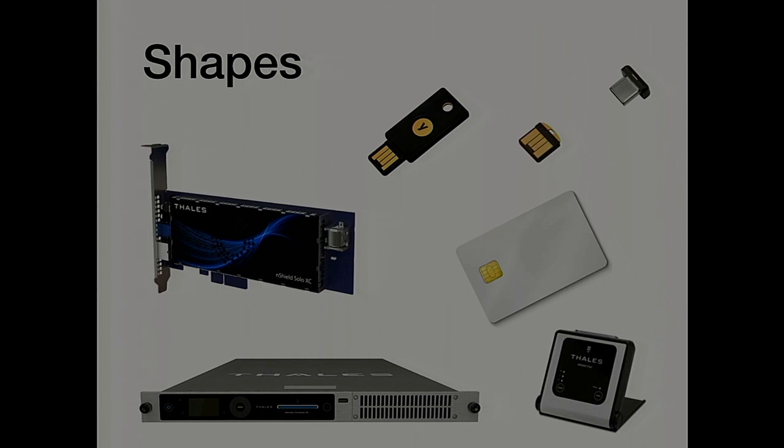Like there's smart cards, like your debit card and your credit card, if it has a chip, it is actually a token device. So when you use your debit card, basically what's happening there, if it has a chip, it has a private key there, and the bank has the public key associated with your account.